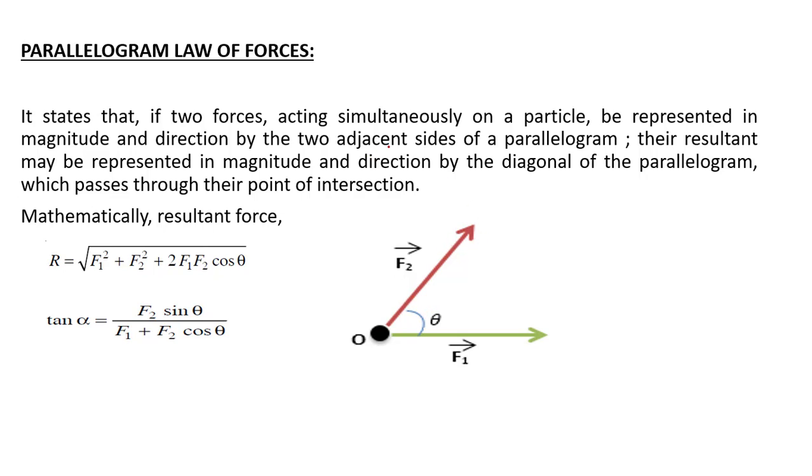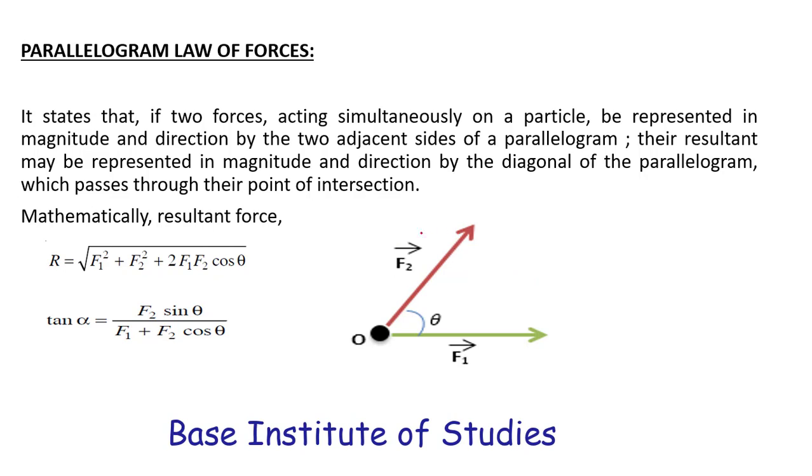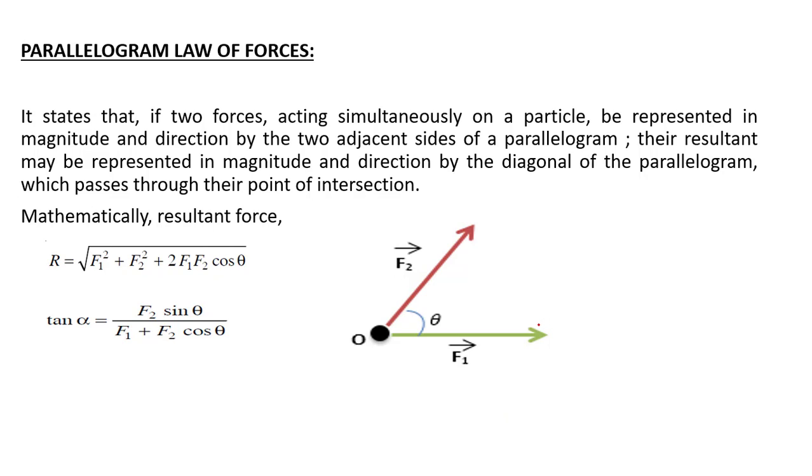So as per this law, if these two forces can be represented by the sides of a parallelogram, then their resultant may be represented in magnitude and direction by the diagonal of the parallelogram. So first of all, let's complete this parallelogram.